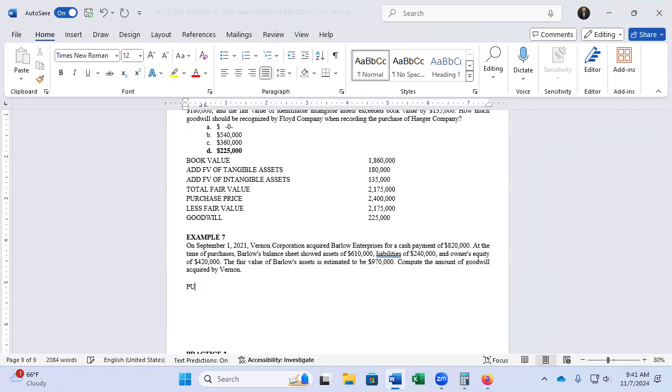So we have our purchase price, and that's $820,000. We subtract the fair value of, I'm sorry, net assets.